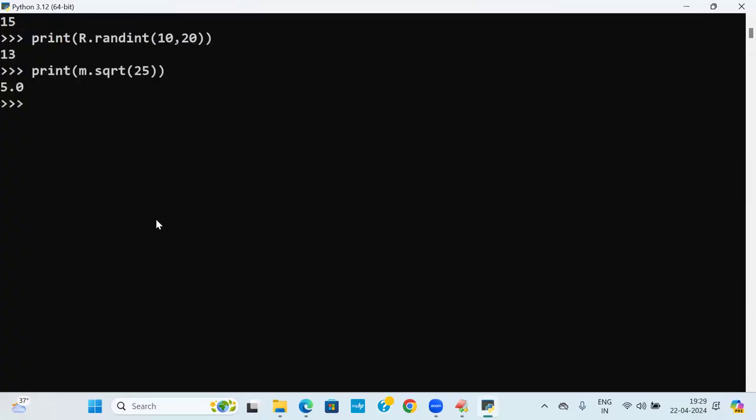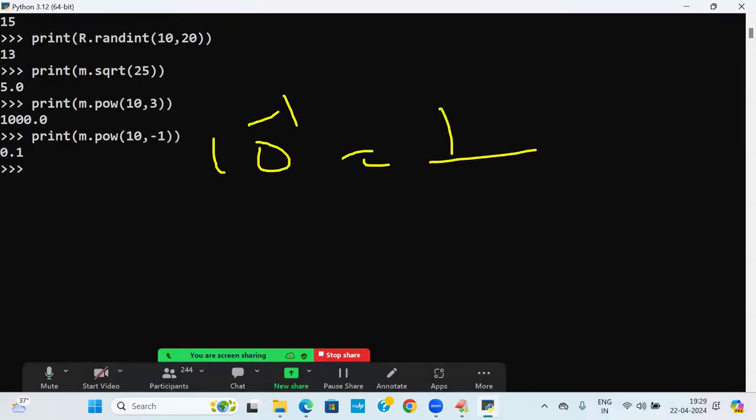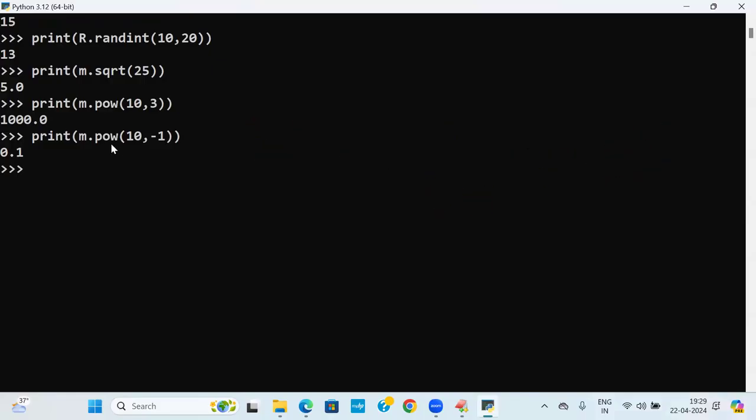Is it not a function? Yes. Next I will write m dot pow of 10 comma 3, 10 to the power of 3, 1,000. 10 comma minus 1, 10 to the power of minus 1 is nothing but 1 by 10, which is called 0.1, or not? What is my function? Power of, sqrt of.